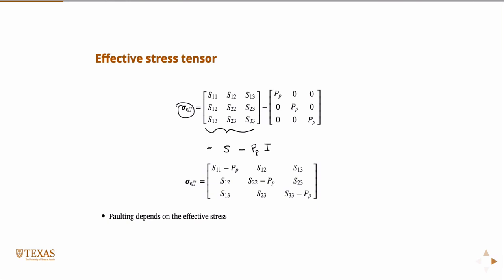Essentially, if the pore pressure is increased such that it exceeds the frictional interface conditions, then the fault will slide. Okay, so that's one application of why this is important, and we'll see it really soon when we do fault resolution, stress resolution on faults.